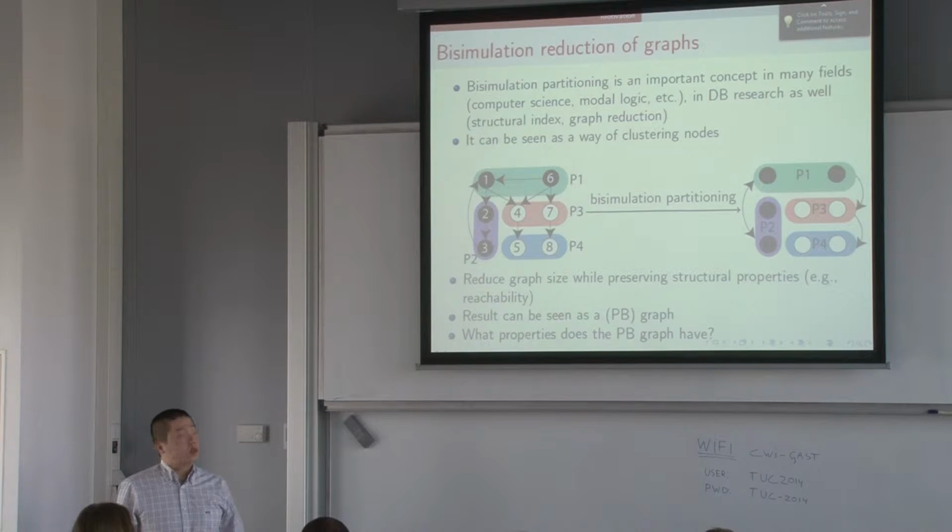We can directly conclude that there is no such edge possible. This is only one example of such a query, but we can reduce the graph size while we still preserve some kind of structural properties. We call this abstract graph a partition block graph. So we are curious about what properties this partition graph has.